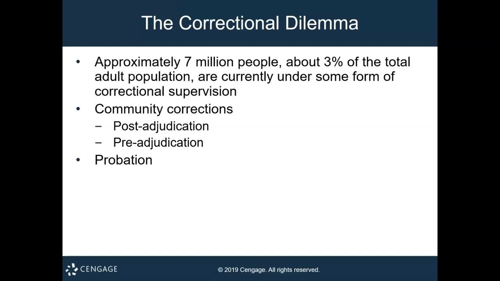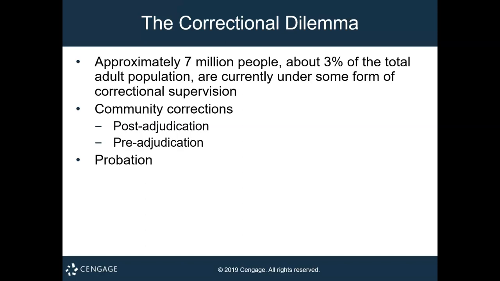Community corrections differ from institutional corrections in that an offender will be hopefully rehabilitated while they are residing in the community, as opposed to institutional corrections, where a person will be rehabilitated while living in a correctional facility like a prison or jail. So in this class, we're going to focus on community corrections. This is a probation parole class.